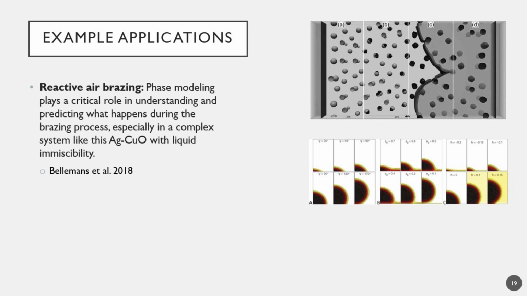Below, the second set of images dig deeper into how various parameters affect this process. In row A, the images show how the contact angle varies. Wettability, or contact angle, tells us how easily a material could get wet.